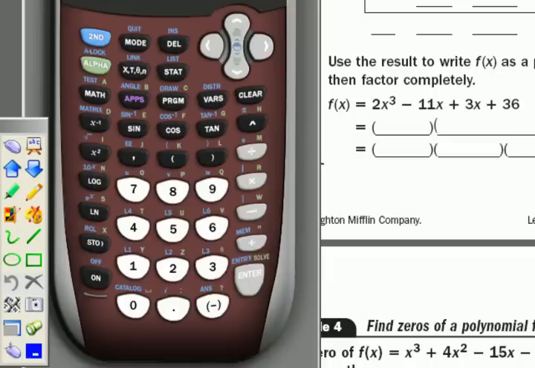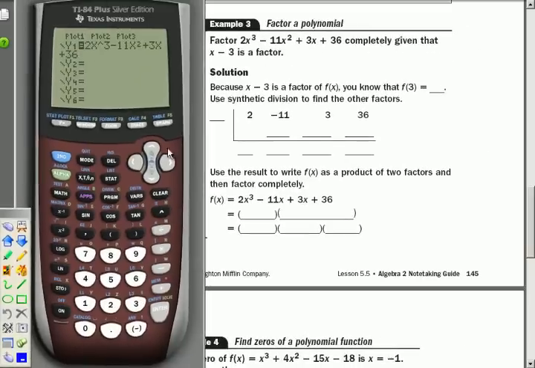When I graph this thing on my graphing calculator, I went to my y equals and I typed in 2x to the third power minus 11x squared plus 3x plus 36, and I graphed that thing, and when I graphed it, I saw that I had a 0 right here at 3, and it looks like I'm going to have a 0 at 4, but I really noticed there was a 0 at 3, and I went through and I calculated the zeros, and I found there was a 0 at 3. So I knew x minus 3 had to be a factor of it.